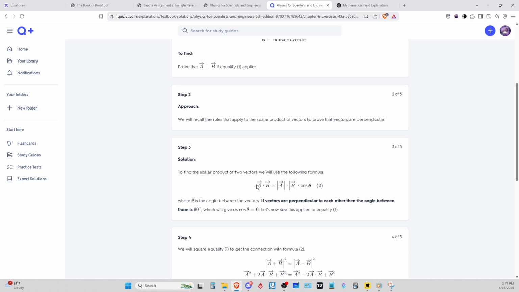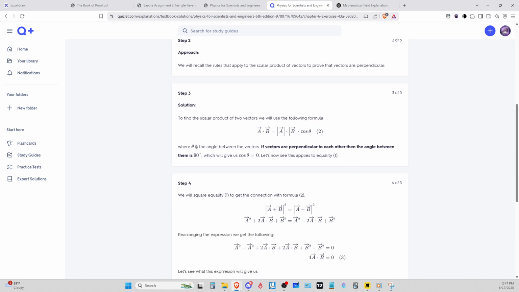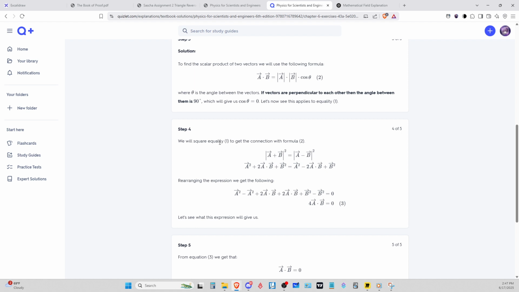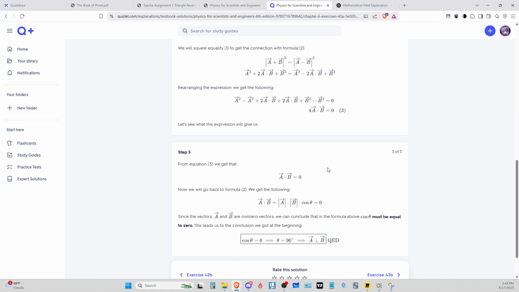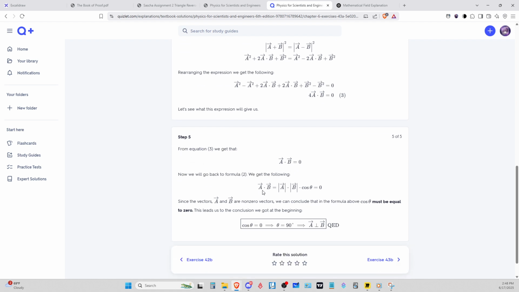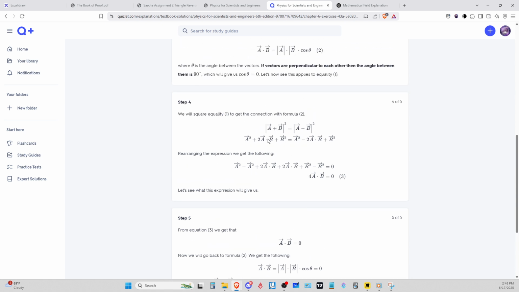To find the scalar product, it's 90 degrees. Square equivalence of, times 2, is 4.